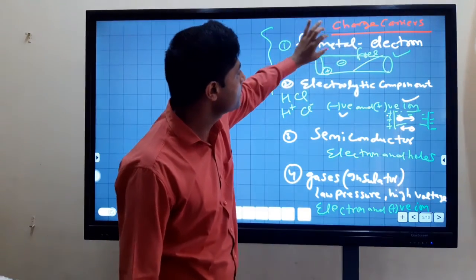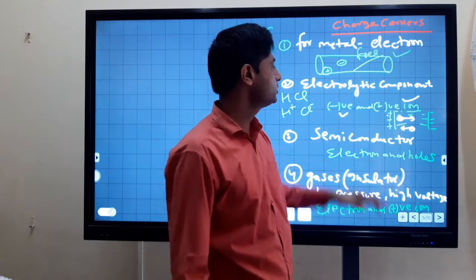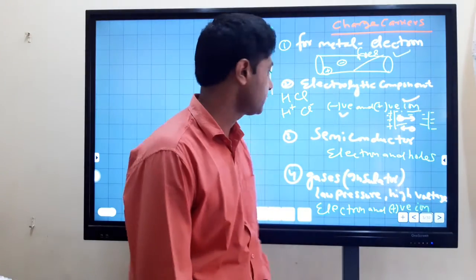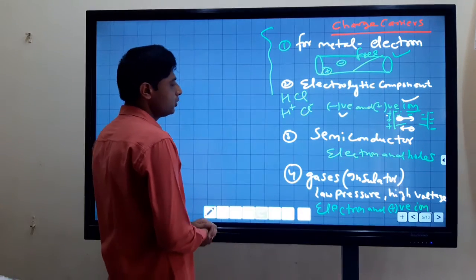In metal, free electron is the only mobile charge carrier, but in electrolyte, positive and negative ions are mobile charge carriers.